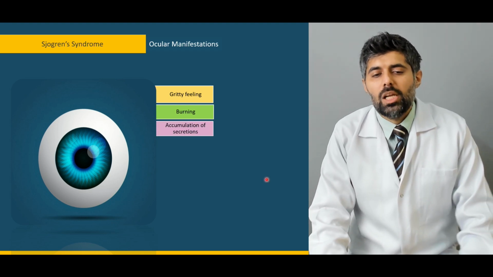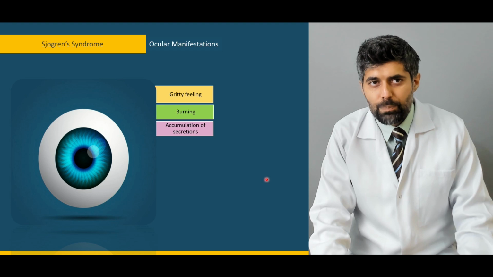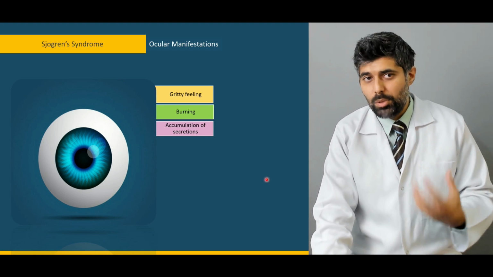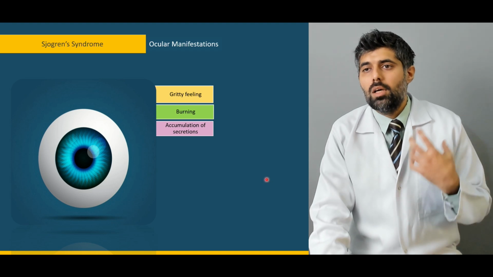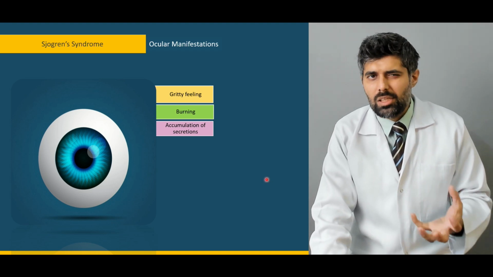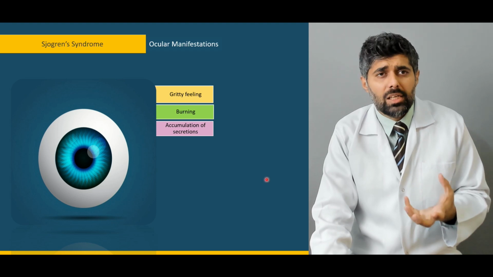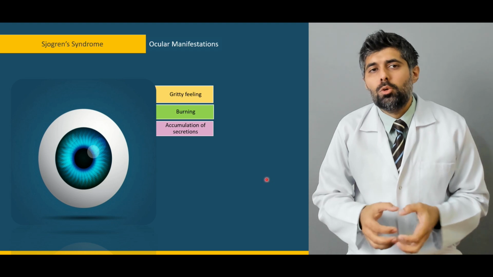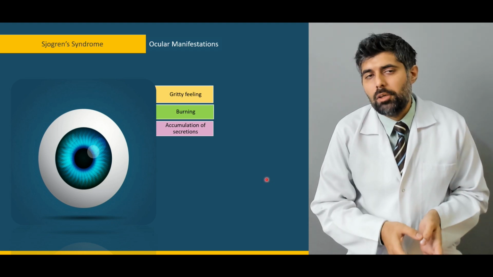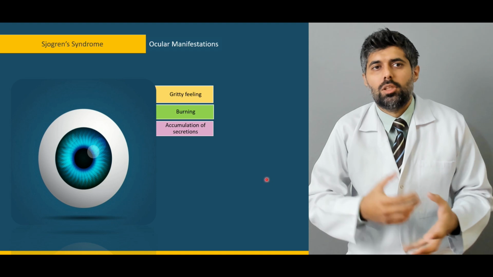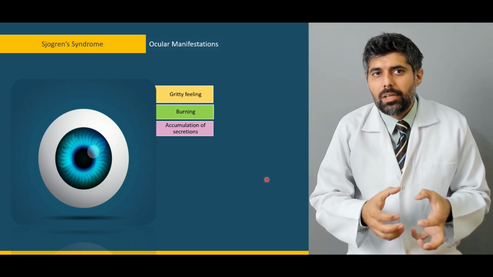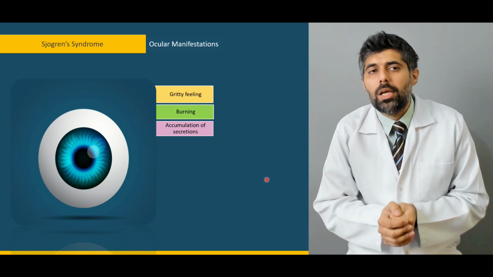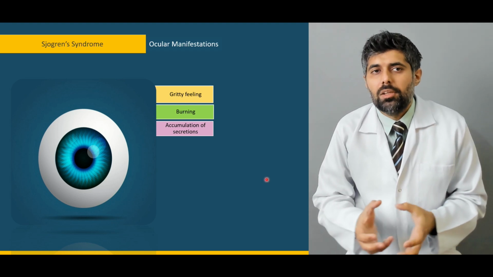Next is the accumulation of the secretions. Now, because there are no tears, other secretions produced by the conjunctiva and the glands around the eyelids and the hair start to accumulate in the conjunctiva, and they also start to concentrate, and because of this concentration, the patient usually complains of stickiness in their eyes.